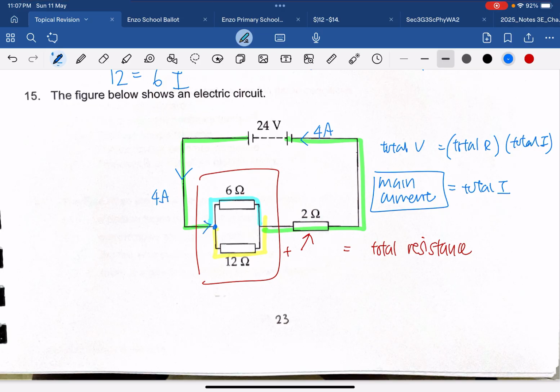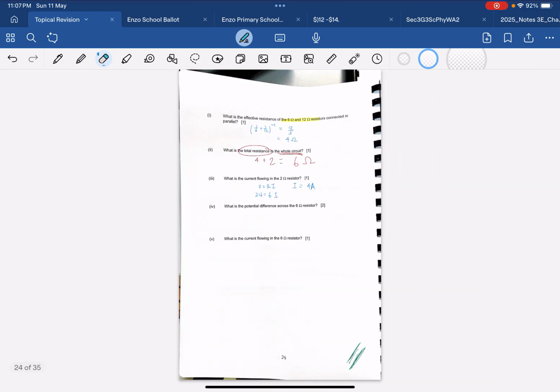The one that has lesser resistance will have more current, and the one that has more resistance will have less current. So the ratio is 1:2. Make sense? So I need to split accordingly, 1:2.